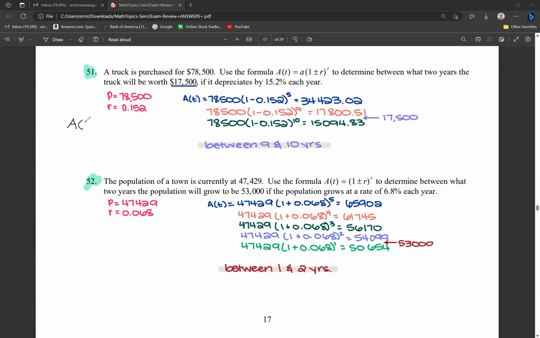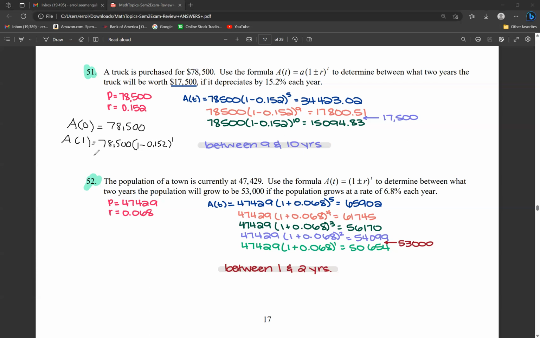Or A0. You can even start off by saying what's A0. A0 would be the full 78.5. And then you can solve for A1, plug everything in and see what value you get. She didn't do A1, but A1 would be 78,500 times 1 minus 0.152 raised to the 1 because it's the first year.